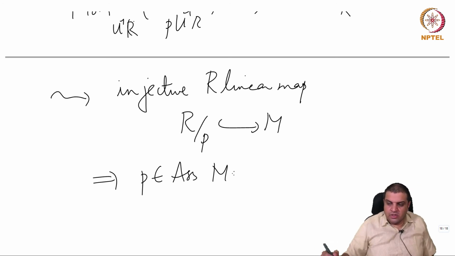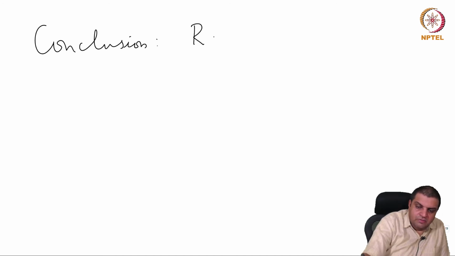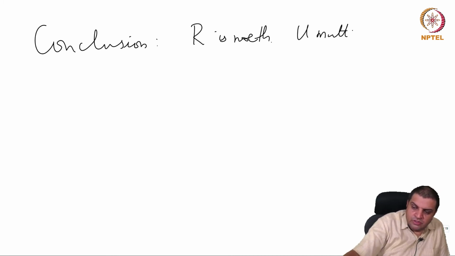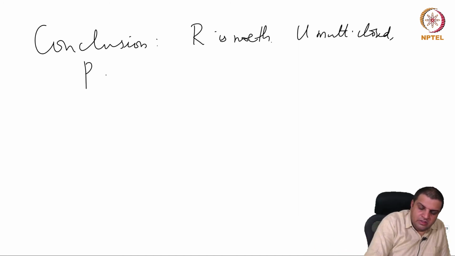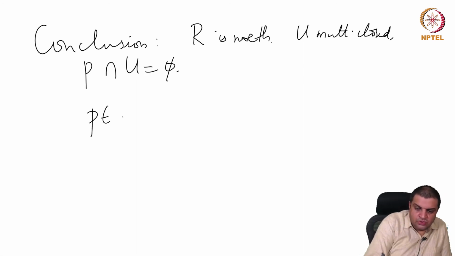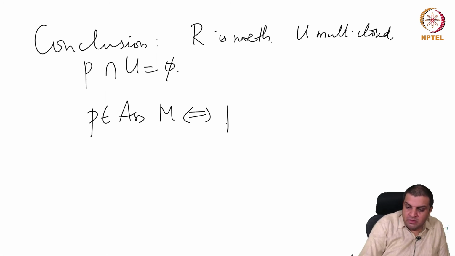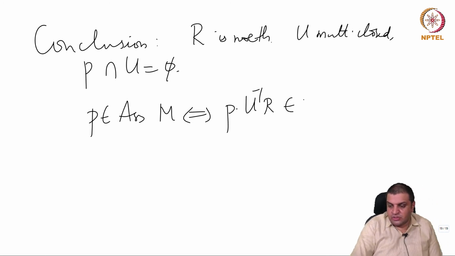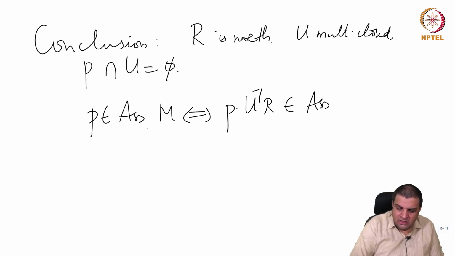Okay. So therefore, the conclusion is that if R is Noetherian, U multiplicatively closed, P intersect U empty, then P is associated to M if and only if P extended to the localization is associated to U inverse M. Just minor confusion: here we are talking about R modules, and here we are talking about U inverse R modules.